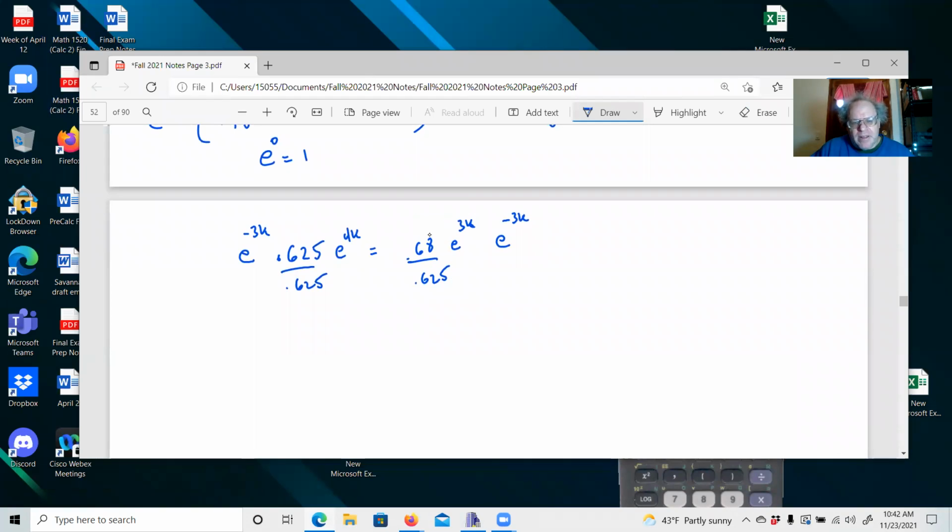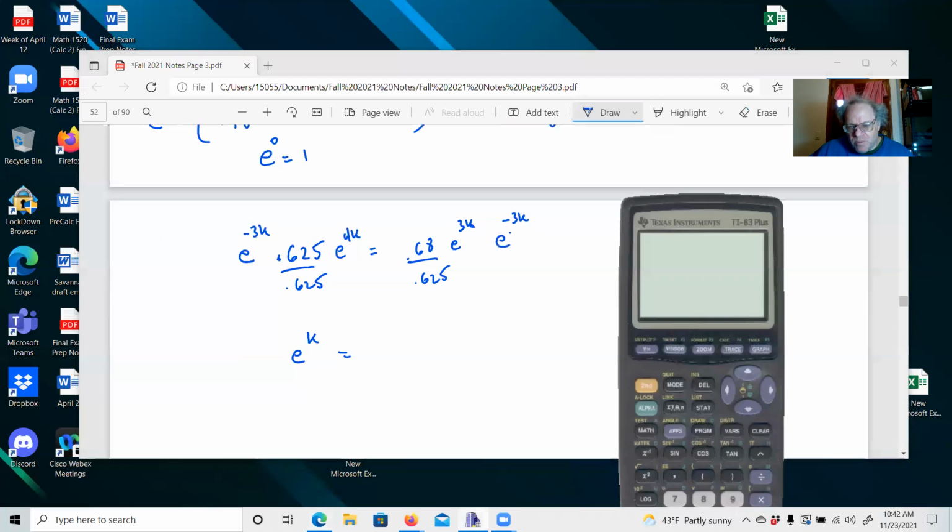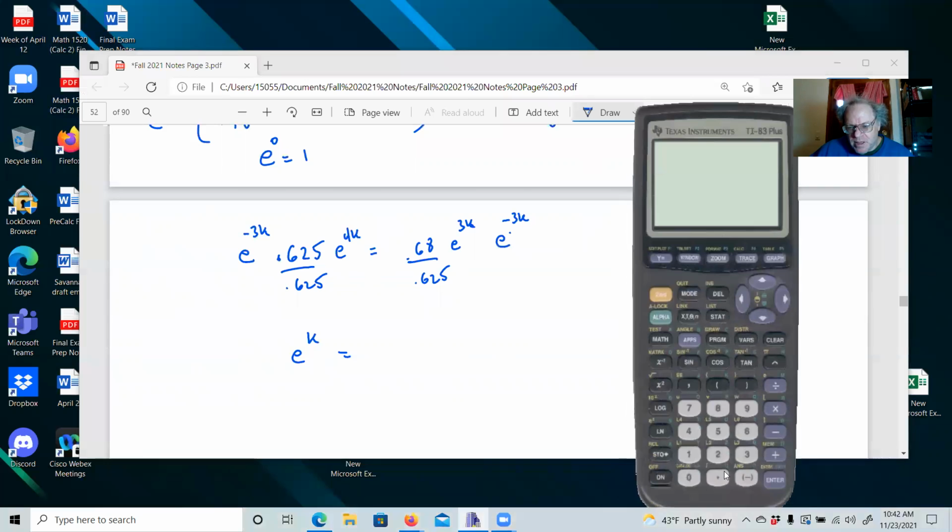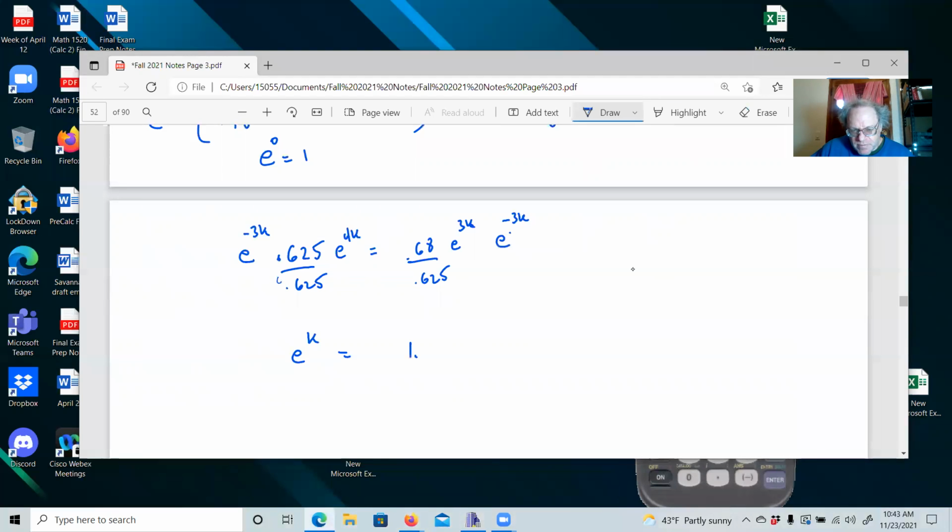All right, e to the 3k times e to the 4k, the bases are the same, we add the exponents, so it's going to be e to the k is equal to, that's 1, and then we take 0.68 divided by 0.625, and that's 1.088.